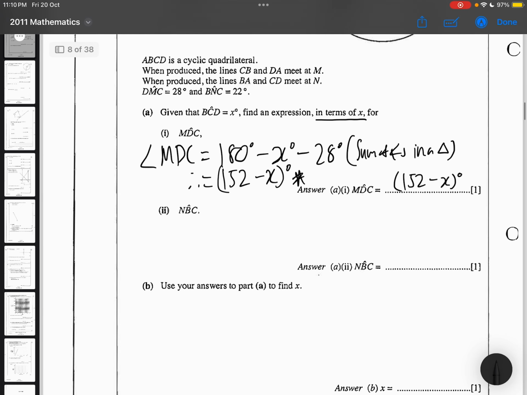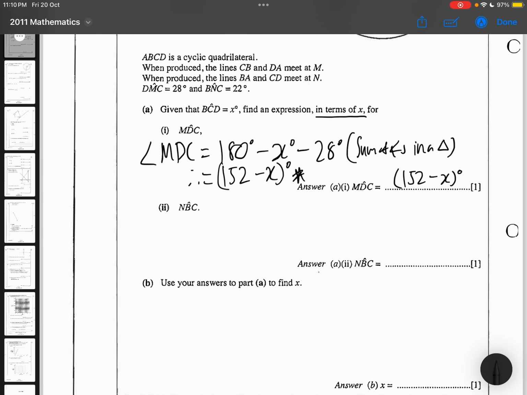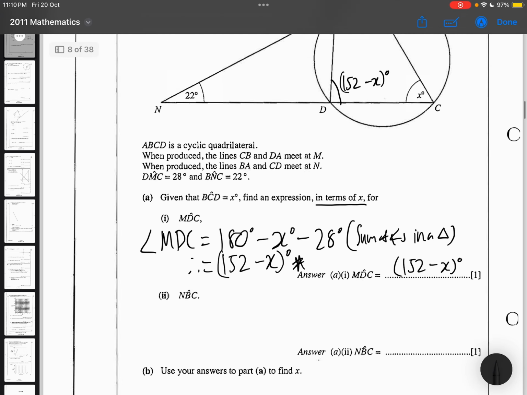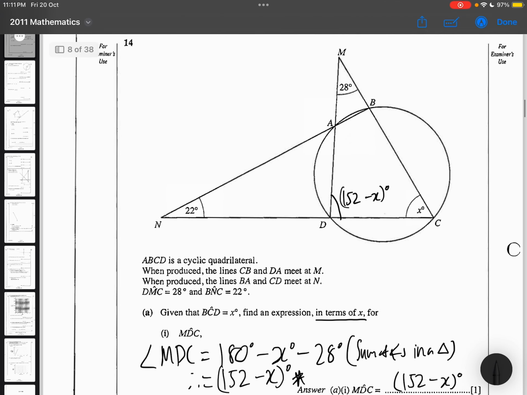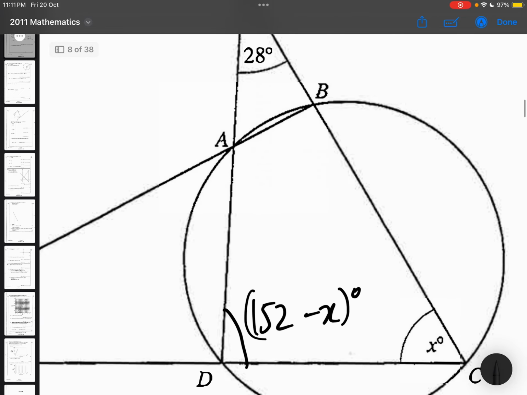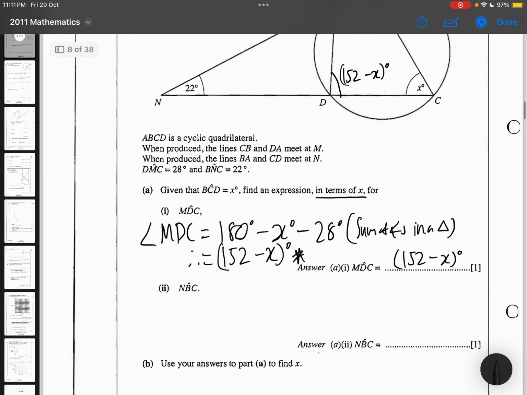Great. Now part 2 wants you to find angle NBC. So NBC is over here. Also seems simple.